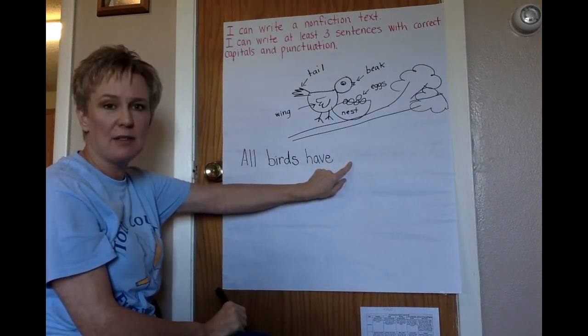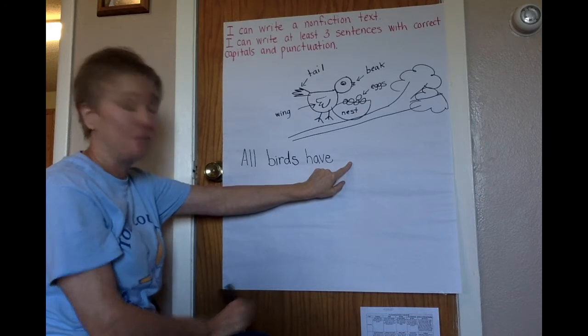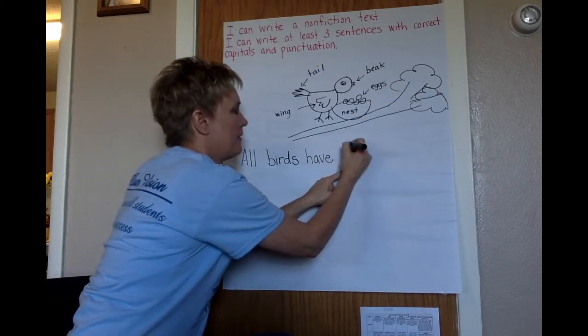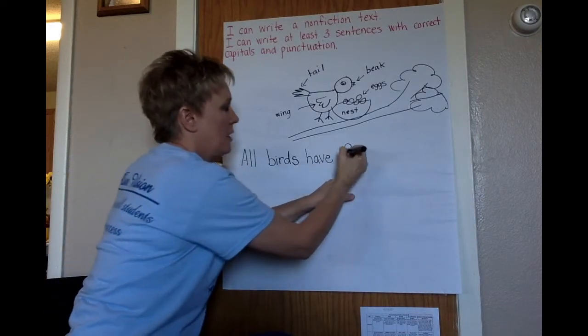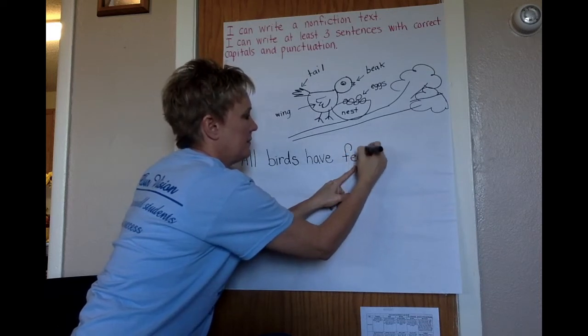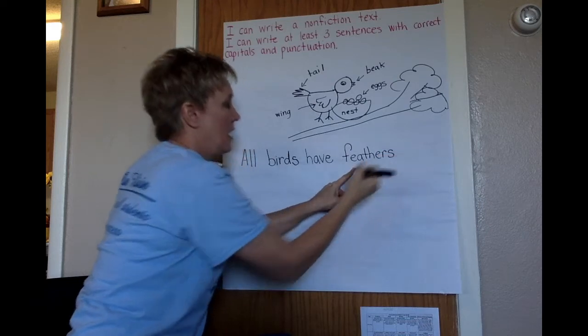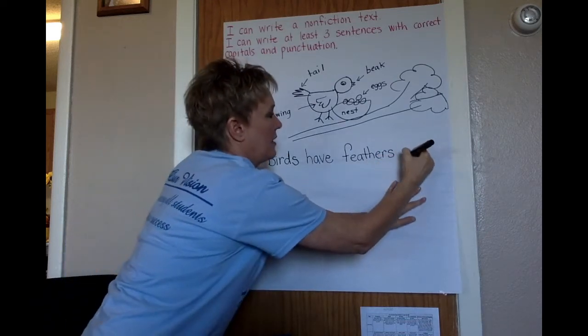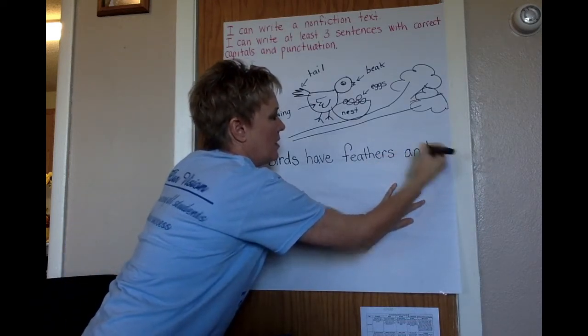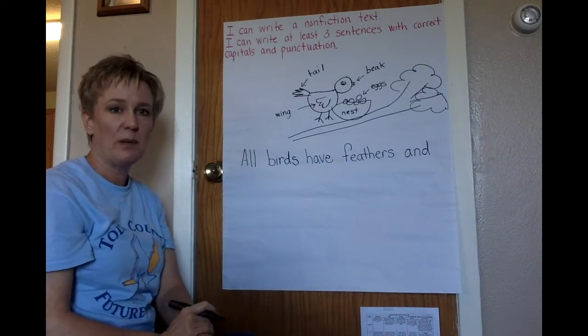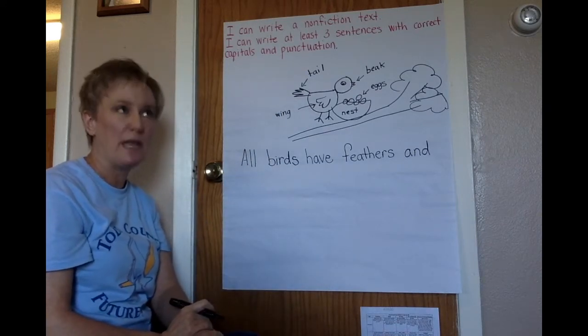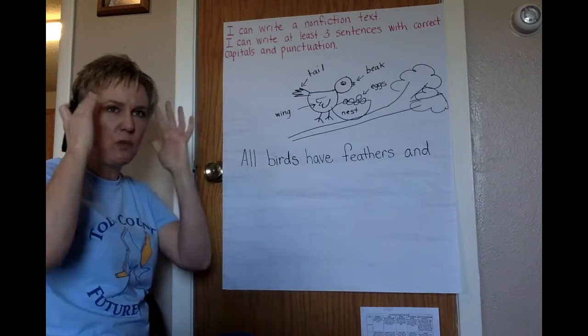What's the beginning sound of feathers? And what letter says F? We're going to use our book to help us with feathers. Feathers. And that's another one of our word wall words. And all birds have feathers and wings. What's the beginning sound of wings?